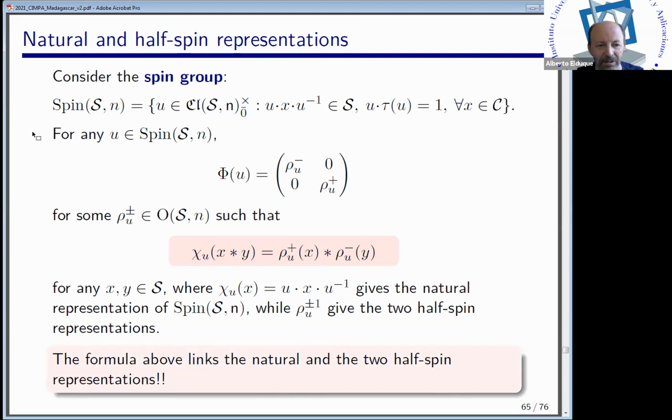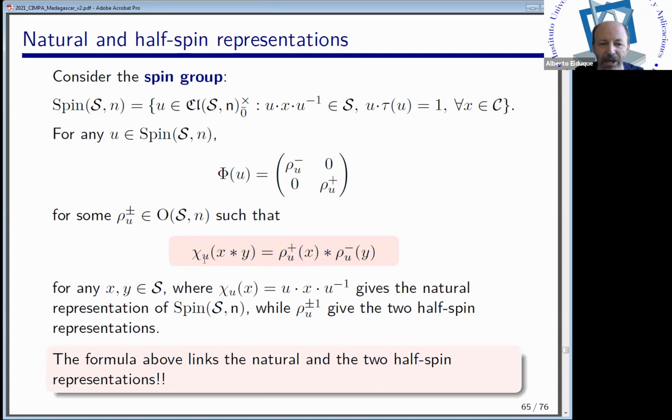And moreover, using the multiplication in the symmetric composition algebra, we have that the two half-spin representations and the natural representation of the spin group, the natural representation is just by conjugation inside the Clifford algebra, the three most important representations of the spin groups, are related using the multiplication in the symmetric composition algebra.